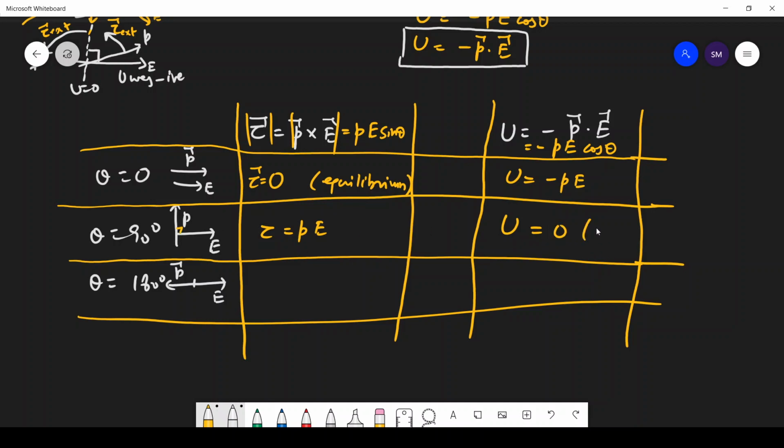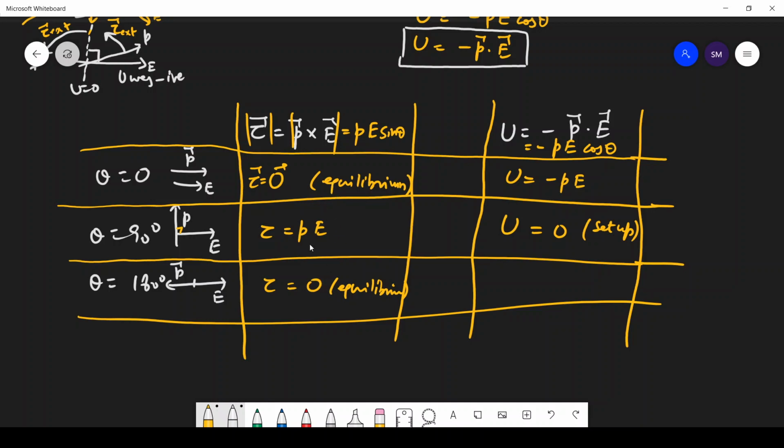This is our own assumption, and with cos 90 being 0, U is 0. And at 180, what will be tau? Sine 180 is again 0, so tau is 0. This is again equilibrium.